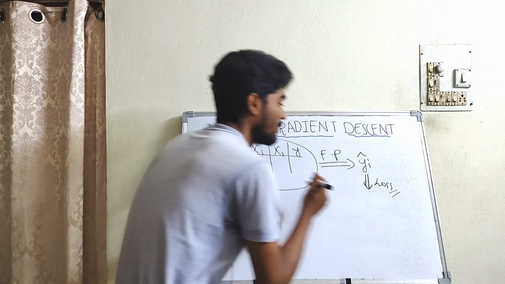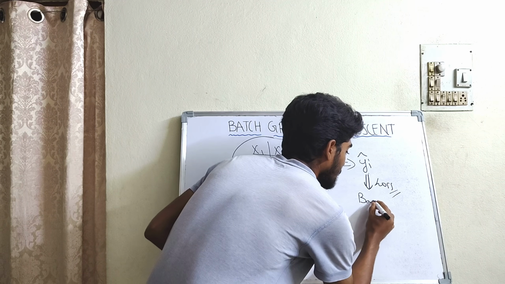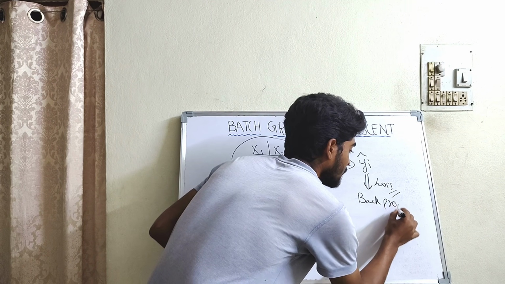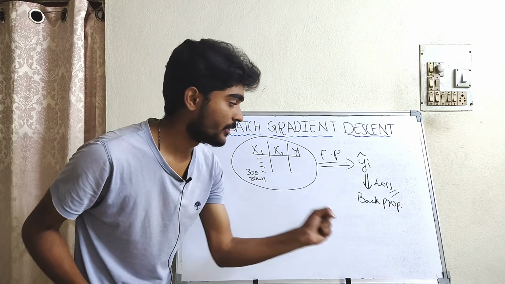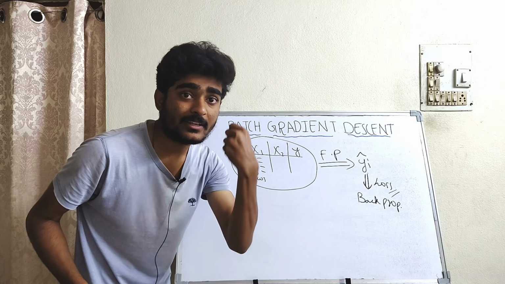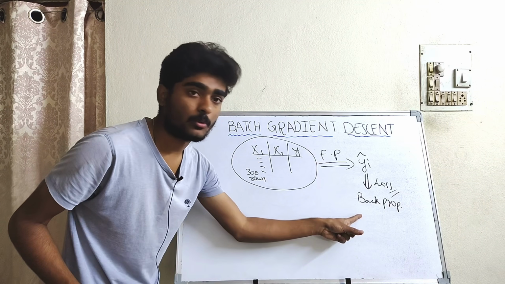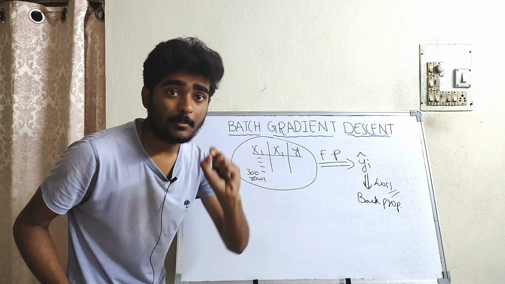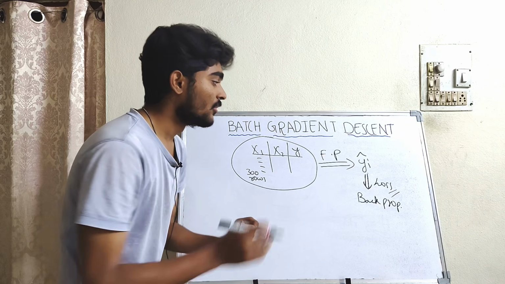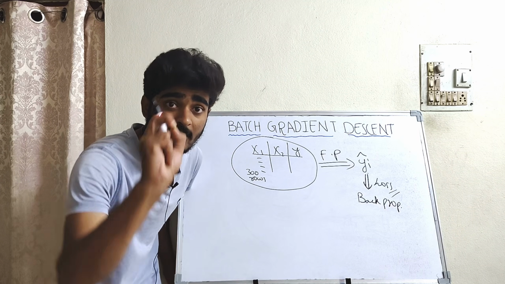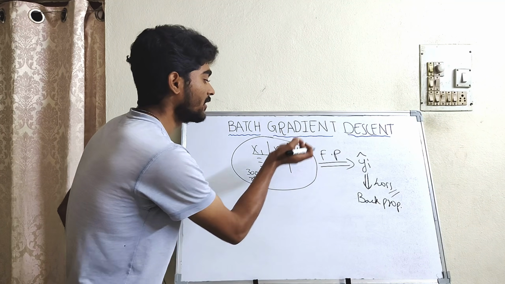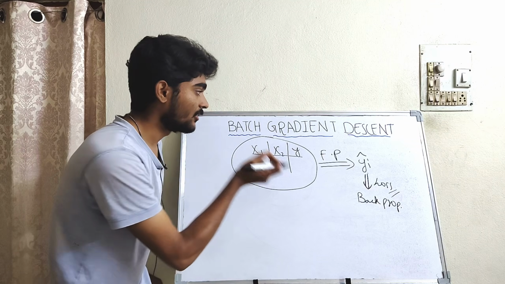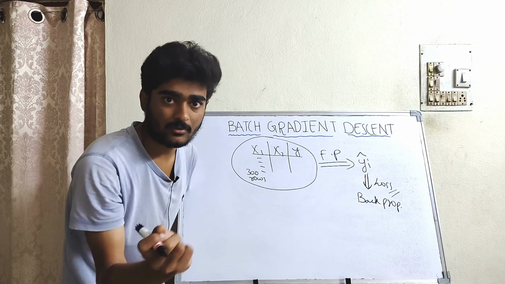After calculating the loss, you again take a back propagation step. Why do you do this back propagation step? You apply the gradient descent algorithm in this back propagation and try to update your weights and bias parameters so that your model performance can improve and predict a correct output which minimizes this loss.